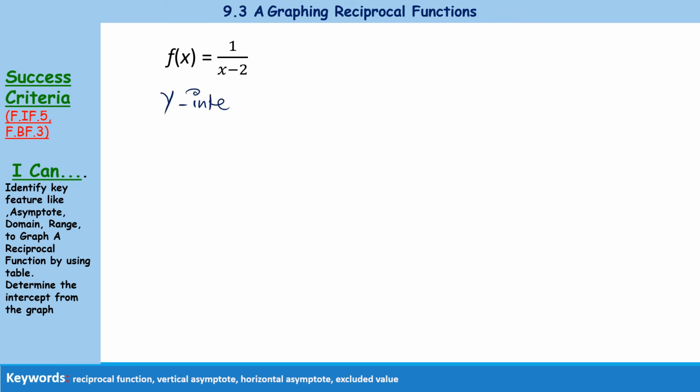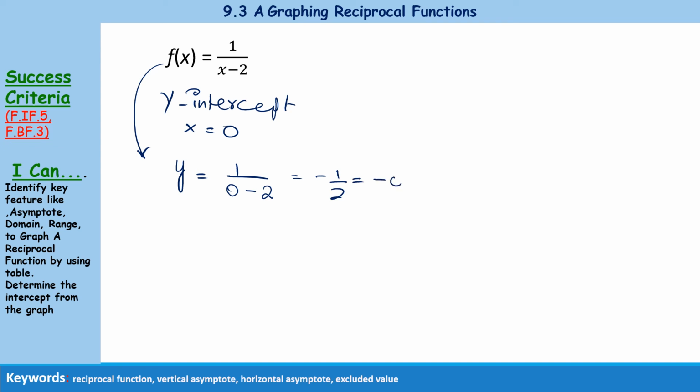The y-intercept means x equals 0. In place of f of x, write y equals 1 over 0 minus 2, you will get negative half, which means negative 0.5. We write the y-intercept in the form of coordinates: x is 0 and y is negative 0.5.